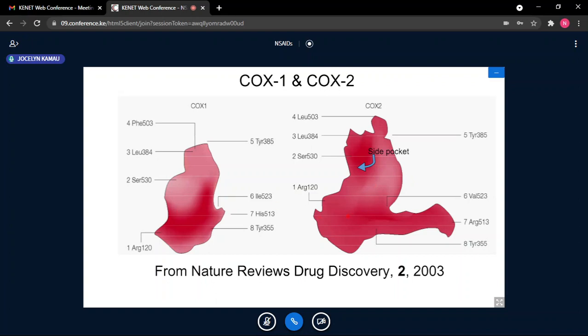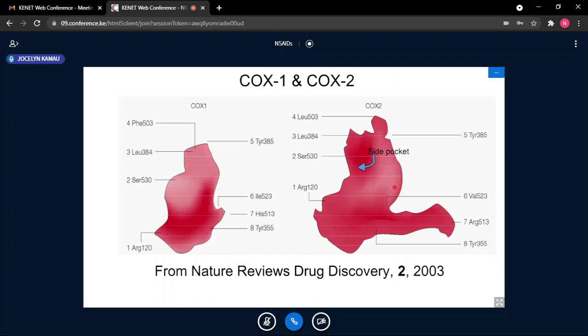So that is telling us the relevance of the fact that the structure of COX-1 and the structure of COX-2 are very different, allowing for synthesis of specific molecules which can go for COX-2. When they go for COX-2, it means your COX-1 is spared, and once COX-1 is spared, it is still available to produce the prostaglandins that bring about homeostasis or that protect the body, and therefore lesser toxicity.